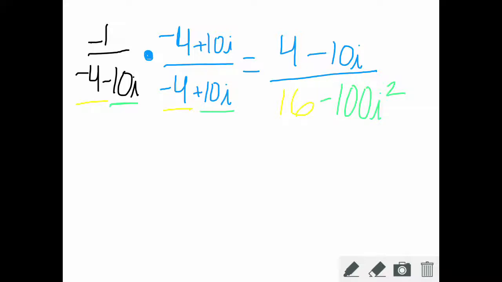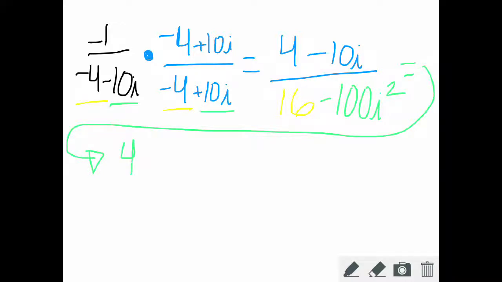Since I do not have room, I'm going to write down below where the arrow is going to end up being. And now we're going to write i squared into its number. So to write it all out, it's going to be (4 - 10i) over (16 - 100 times negative 1).